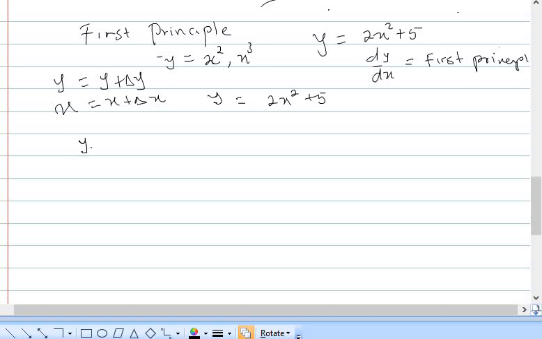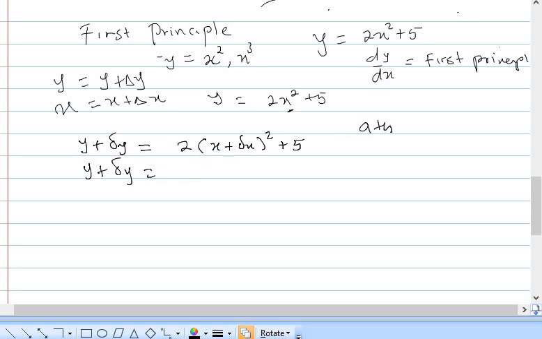So we have y, we just add an increment, that's y plus del y, is equal to 2 into, we have x squared, so we can say x plus del x squared, then plus 5. So whichever the question is, wherever you see x, add an increment, wherever you see y, add an increment. So we have y plus del y is equal to, we are to open the parenthesis.